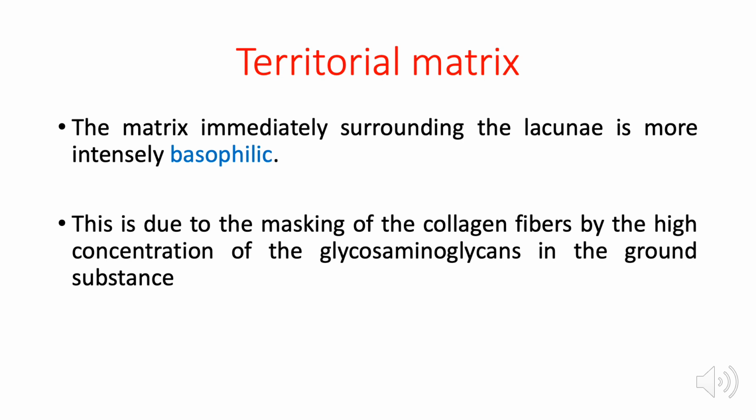And one of the popular basic dyes is hematoxylin. So this area will appear dark blue. Now, what is the reason behind these areas appearing darker or having dark blue color or basophilic characteristics compared to the other areas within the cartilage? It's because these areas are rich in ground substances, particularly the glycosaminoglycans.